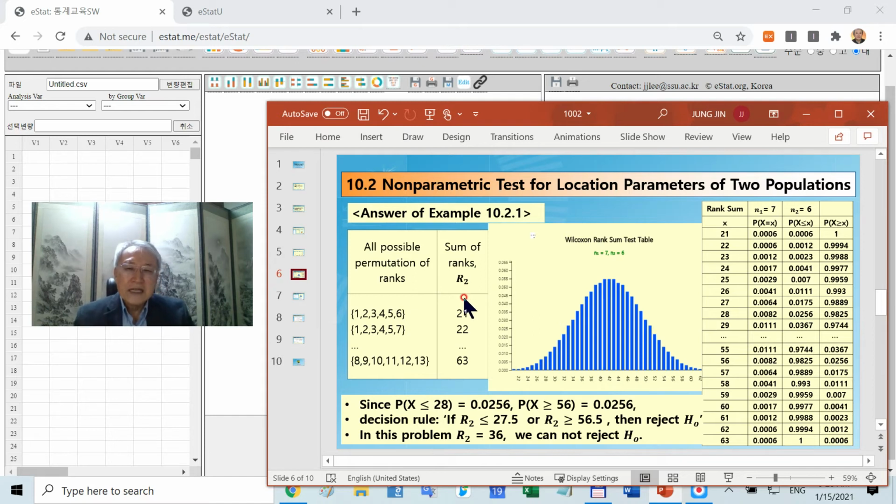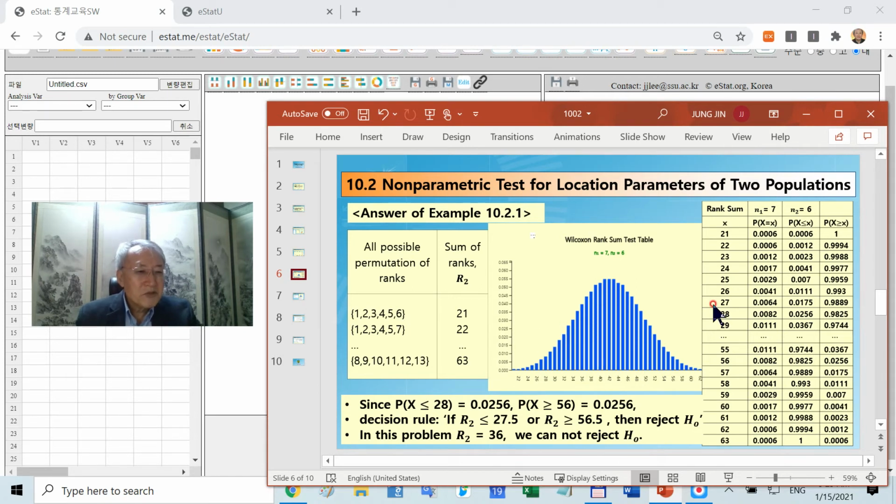Since the sum of the whole sample should be n times n plus 1 divided by 2, R1 is just that number minus R2. You may use any one of them. We usually use R2, the rank sum of the second population. Then we consider all possibilities and check the distribution of the sum of ranks.